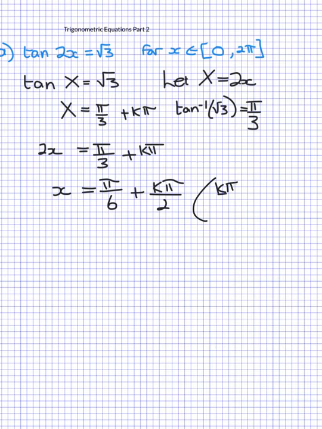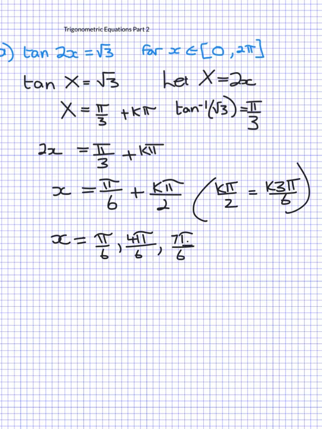So k pi over 2 is the same as k of 3 pi over 6. So basically I'm just going to add 3 pi over 6 to pi over 6 until I get something that's going to be greater than 2 pi. So I'll stop at that point. So if I add 3 pi on 6, I'm going to get 4 pi on 6. And if I add 3 pi on 6 again, I get 7 pi on 6.